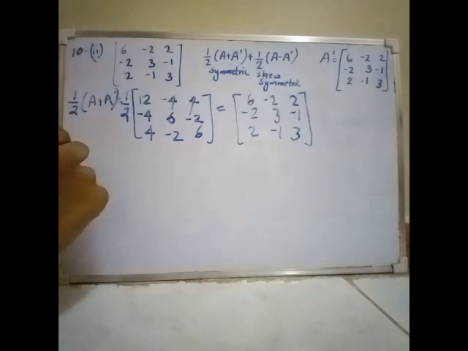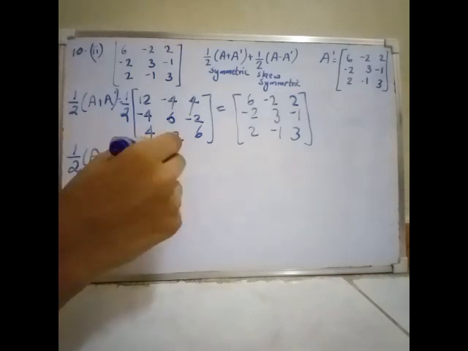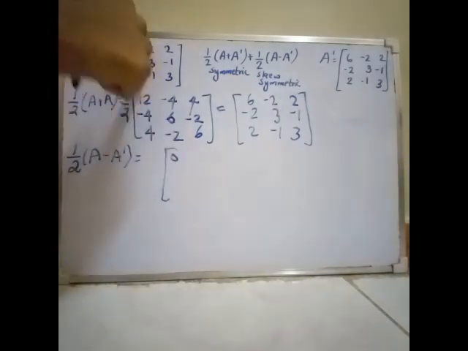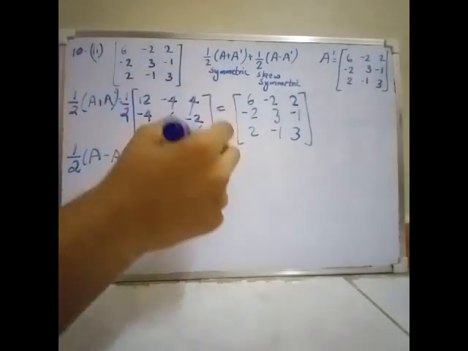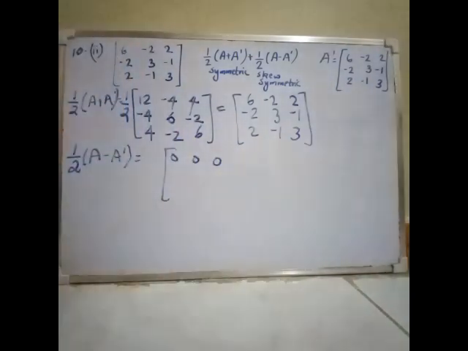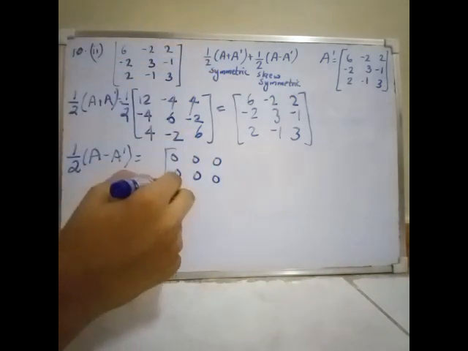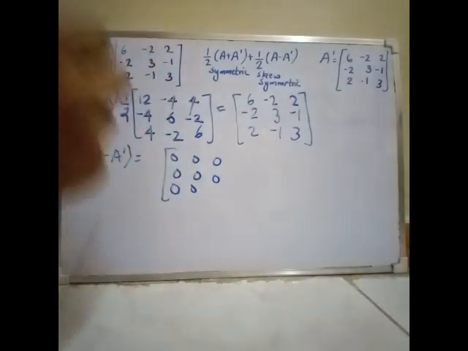So let's do the other part of the question, A minus A dash. Let's do the inside first. 6 minus 6 would be 0, minus 2 minus minus 2 would be 0, 2 minus 2 would be 0, 3 minus 3 would be 0, minus 1 minus minus 1 would be 0, 2 minus 2 would be 0, minus 1 minus minus 1 would be 0, and finally 3 minus 3 would be 0.